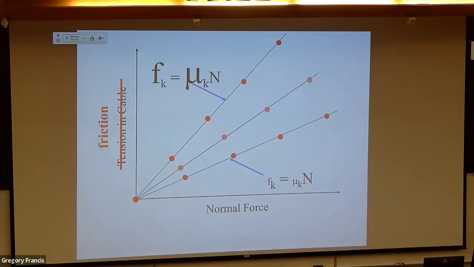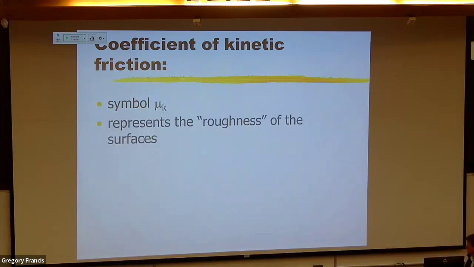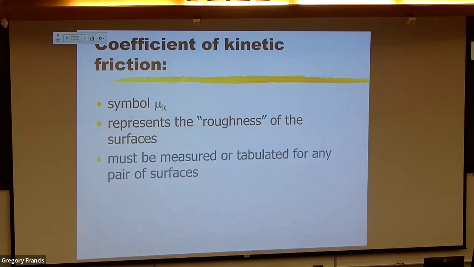Now, that coefficient of kinetic friction, we use the symbol mu sub k. The k is there because later we're going to need to put an s there. It represents the roughness of the surfaces, and it must be measured or tabulated for any pair of surfaces.